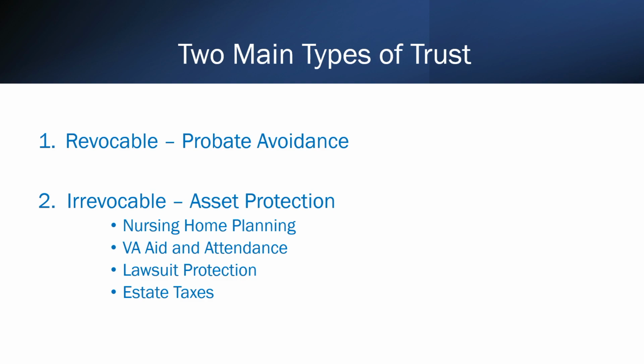Now, there are different types of irrevocable trust, and there are ways that an irrevocable trust can be dissolved and changed. But generally speaking, revocable means I maintain full autonomy and control over my assets. Irrevocable, I'm starting to lose that control over that asset.